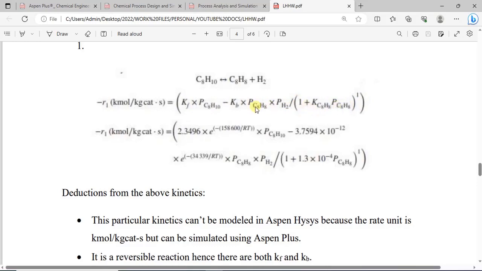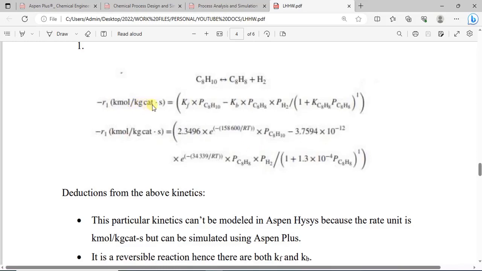From this expression, we can deduce that this rate expression is based on catalyst weight. This particular rate expression is based on catalyst weight, and this is because we have the unit for rate here as kg cat, right? You can see it from the expression.